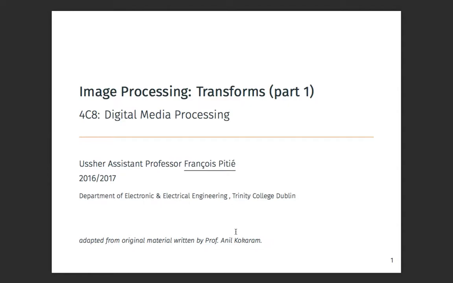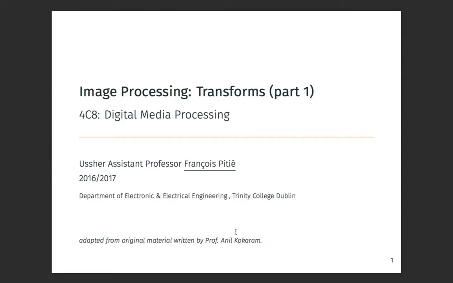So in the next few weeks, in the next few handouts, it's really all about transforms. We'll see the Fourier transform, the DCT, the Haar transform, and we'll finish with wavelet transforms. The reason we are going to look so much at transforms, something we're going to see in more detail afterwards, is that when you do compression, you can't really use images as you would do with text, for instance.